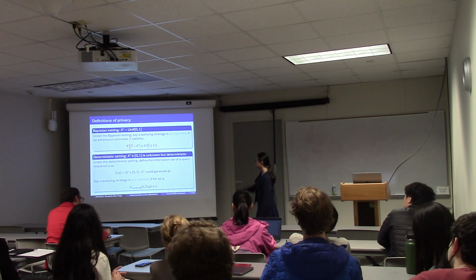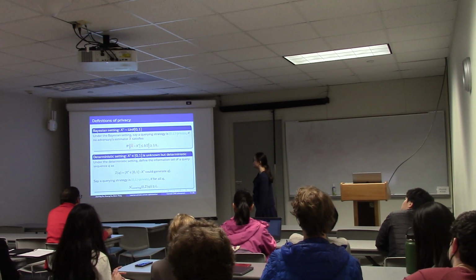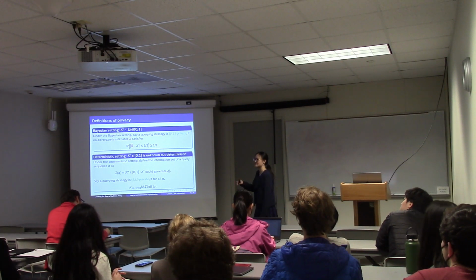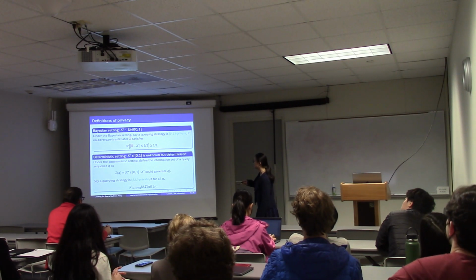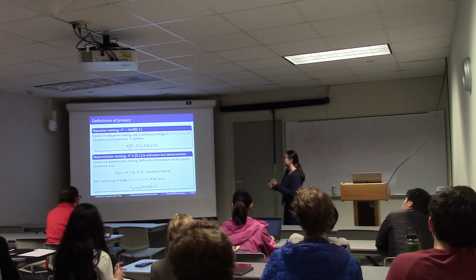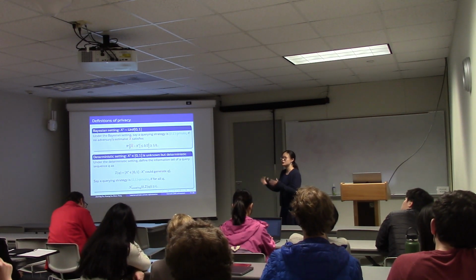And we also consider the deterministic setting because when X star is deterministic and unknown, it no longer really makes sense to talk about this probability over X star. So instead, the quantification we use is the so-called information set. Basically, it's the set of all possible X star that could lead to the query sequence seen by the adversary.